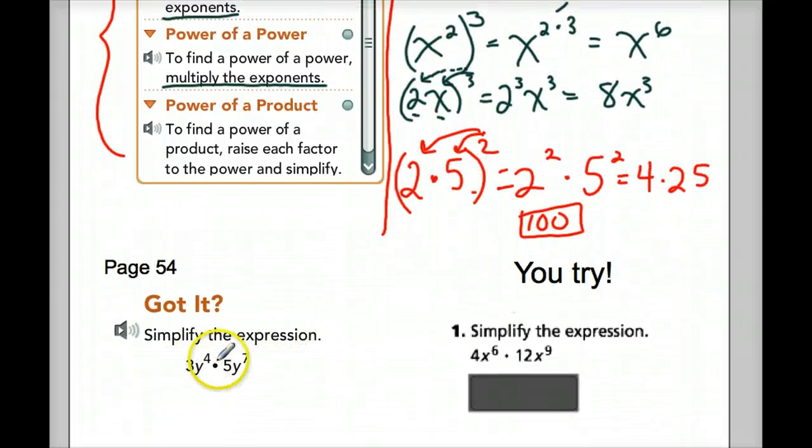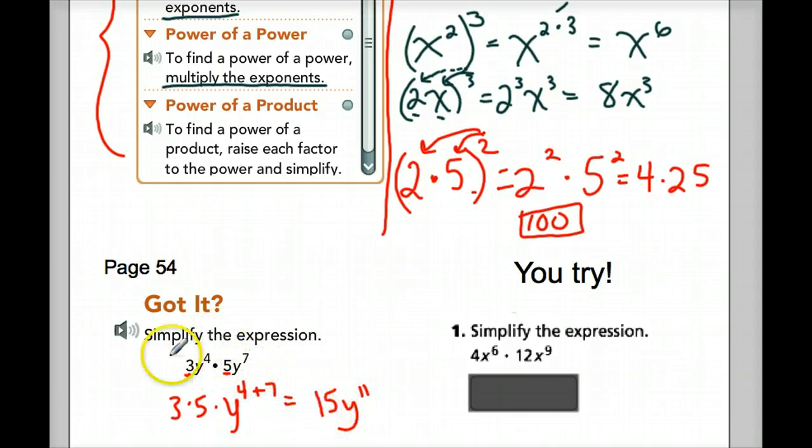So not only do we add our exponents, but we multiply our coefficients. So this becomes 3 times 5 times y to the what power? y to the 4 plus 7. And that's, of course, the longhand way to do it. If you can see automatically that that's 15y to the 11th, then that's okay.